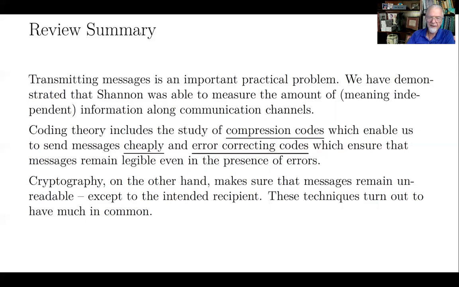Coding theory includes study of compression codes, which can send messages more cheaply, and error correcting codes, which ensure that messages remain legible even in the presence of errors. Cryptography, on the other hand, makes sure that messages remain unreadable except for the intended recipient. And we'll eventually get to show that these things actually have much in common.